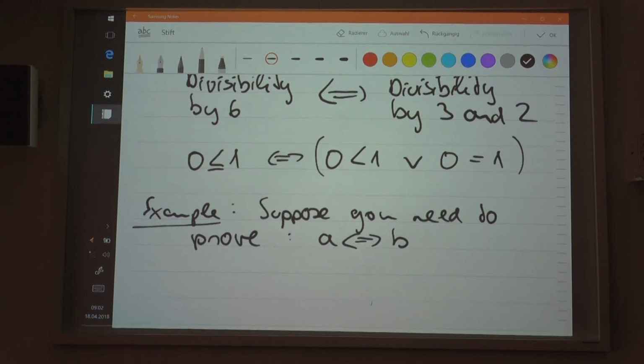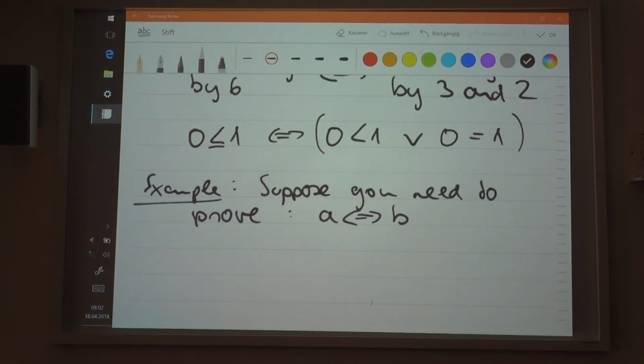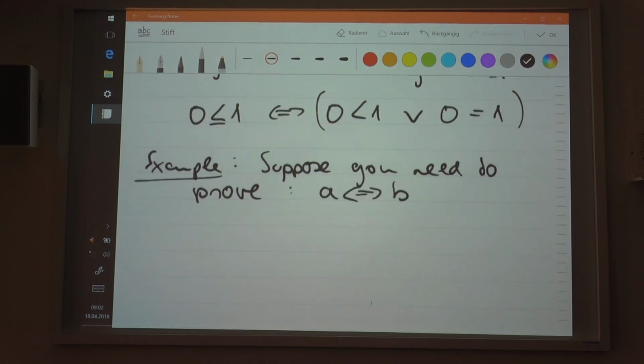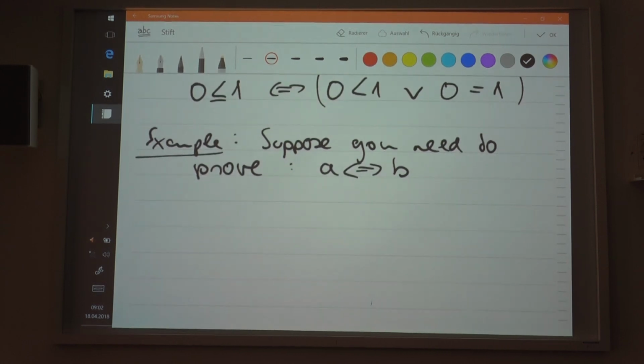Then this proof consists of two parts, and let me remind you of that because sometimes people tend to forget this, and you might need this for your paper if you choose to present something and you have to show some equivalency. So the proof consists of two parts.